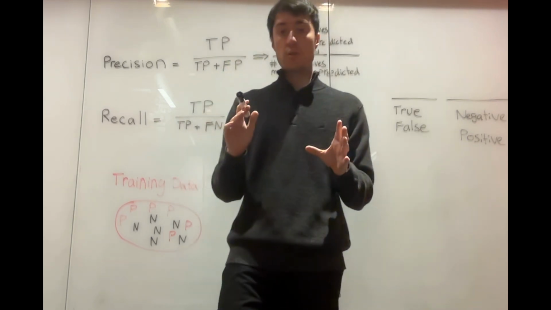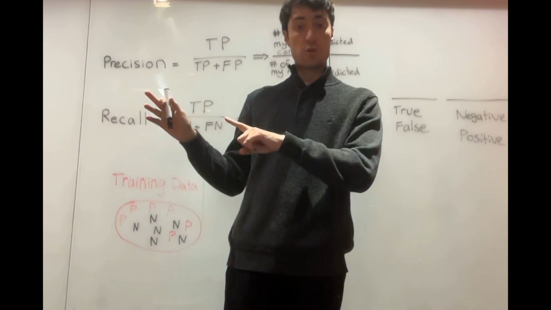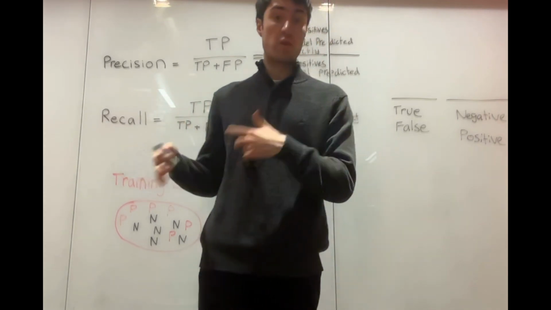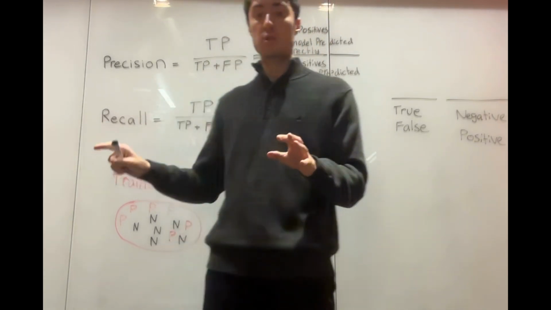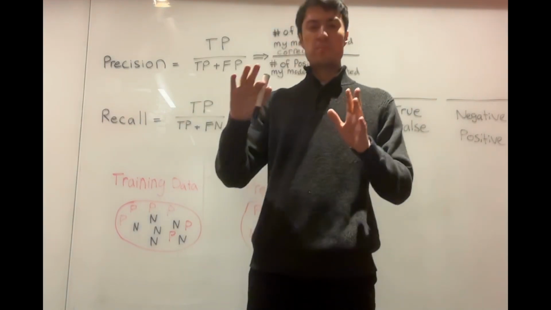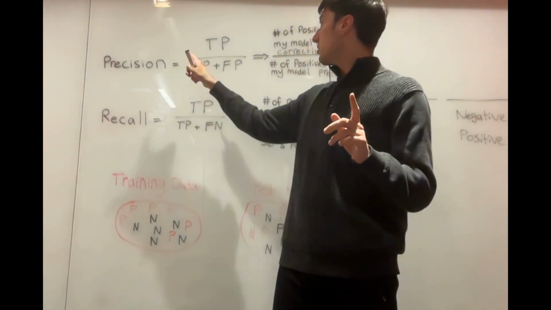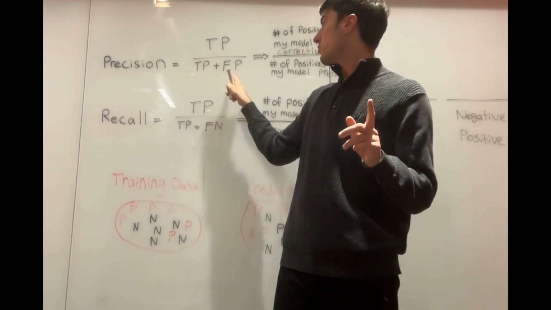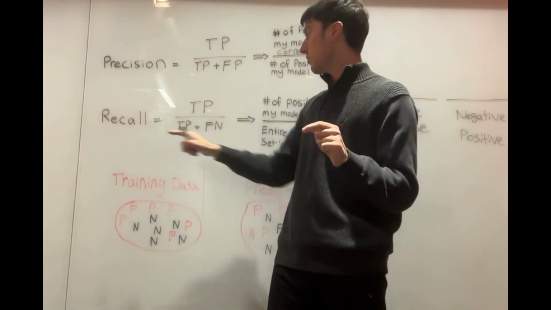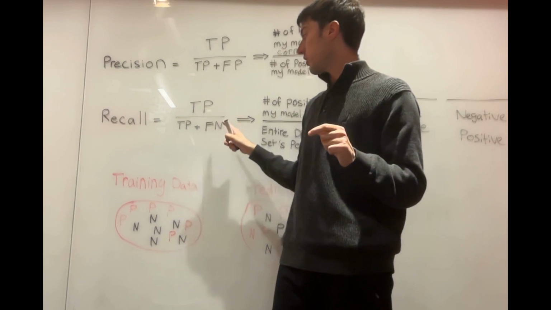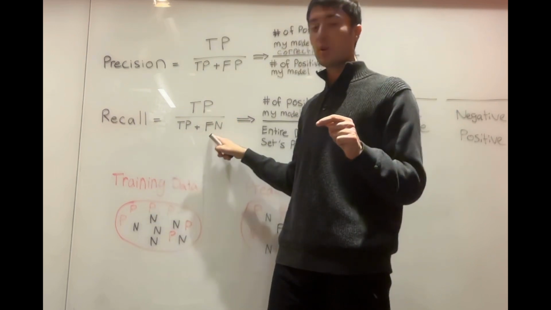Now let's look at precision and recall in terms of cancer. Precision, definitionally, is true positives divided by true positives plus false positives. Recall is true positives divided by true positives plus false negatives.